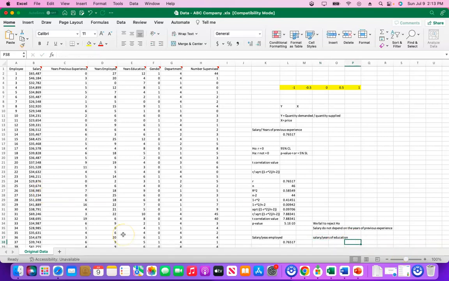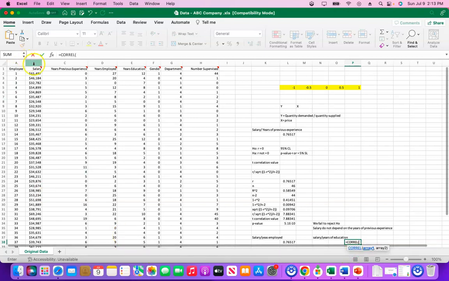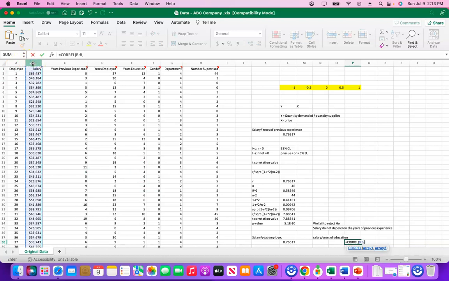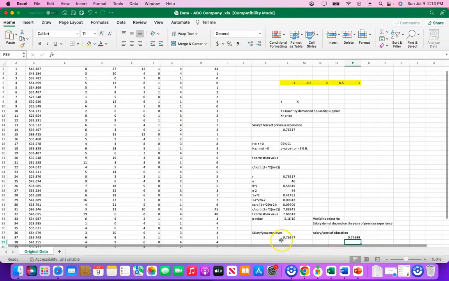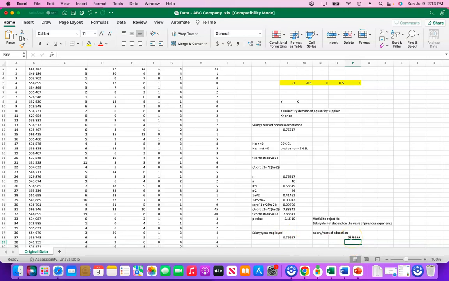Put an equal sign, select CORREL, and the first array as usual will be our salary, and the second one will be years of education. If you close the bracket, you can see we also have a strong correlation between salary and years of education, because if the previous one was significant, this definitely will be significant.